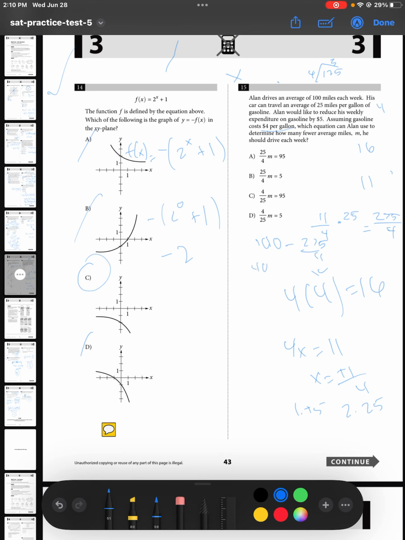So that's 400 over 4 minus 275 over 4. So 400 minus 275 is obviously 125 over 4. That's the answer. And the way you get that is by multiplying this times 25 over 4. And then there you go, 125 over 4.